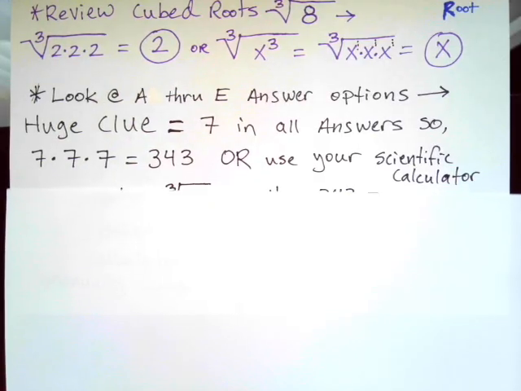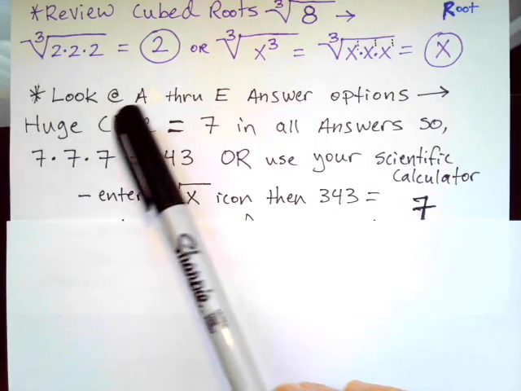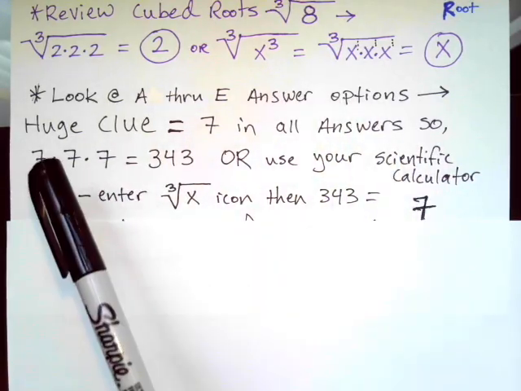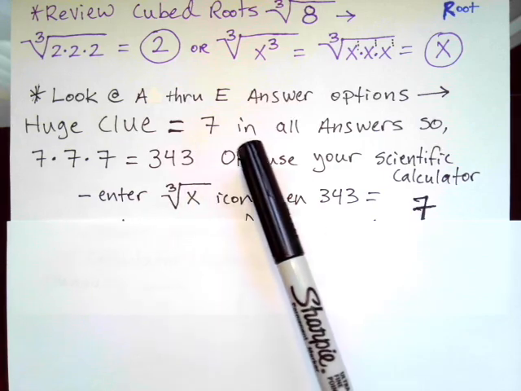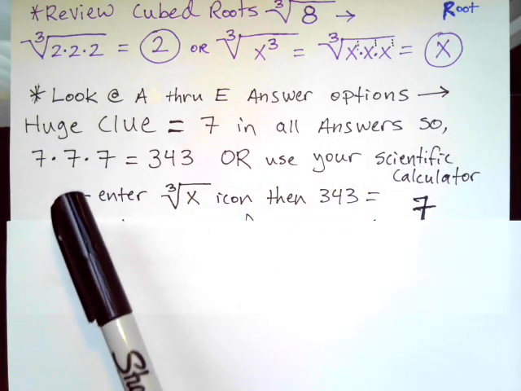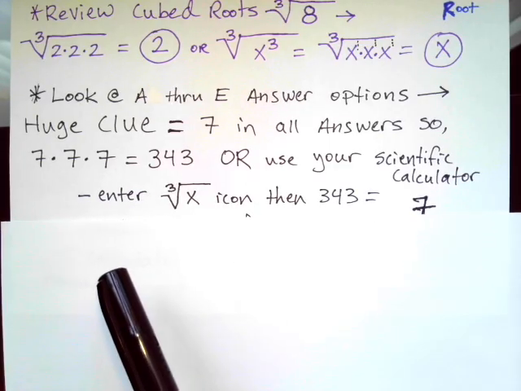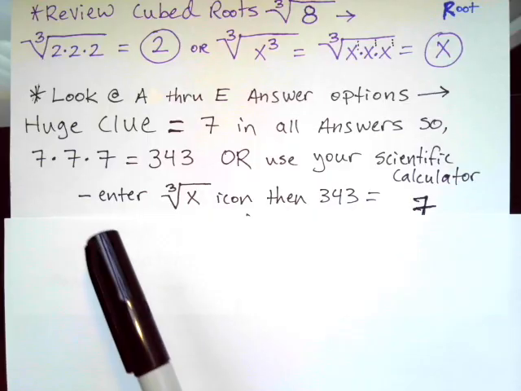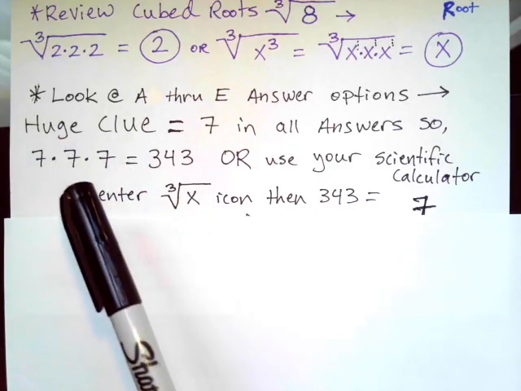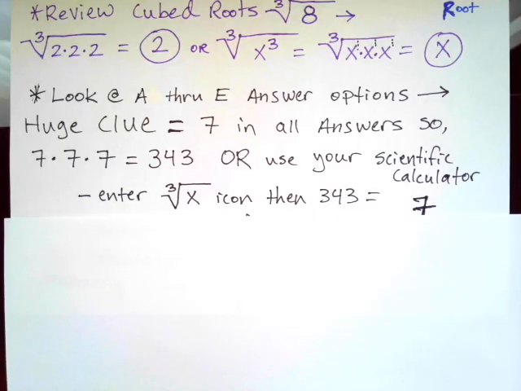Okay. So, let's take a look at A through E answer options. There's a huge clue: 7 in all answers. So 7 times 7 times 7. If you have to figure this out manually, I'm going to show you in the next video how to do that. Most likely it will multiply to 343.